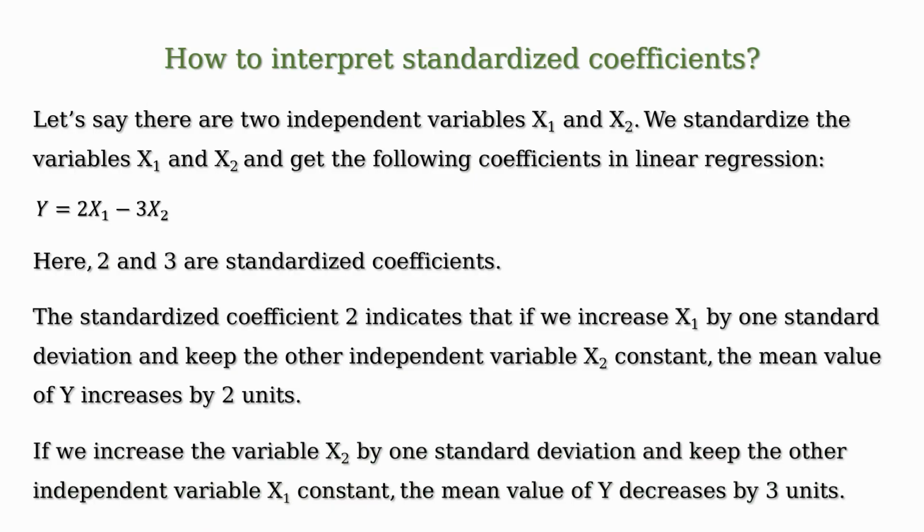And if we increase the variable x2 by 1 standard deviation and keep the other independent variable x1 constant, the mean value of y decreases by 3 units. Thus, standardization puts all the continuous variables on the same scale so that we can compare the magnitudes of the results in a more meaningful way.